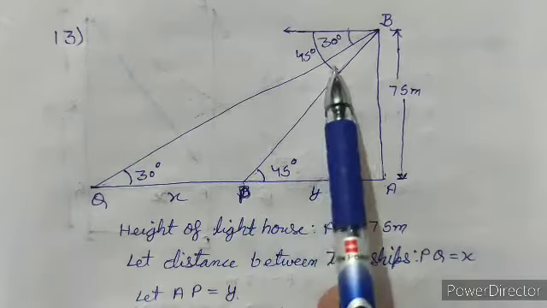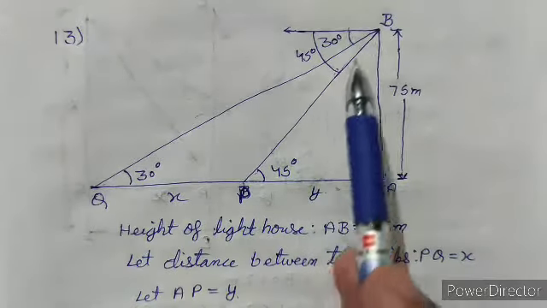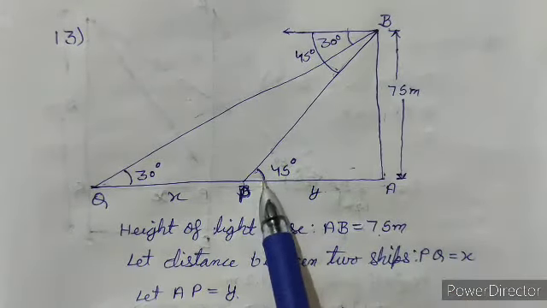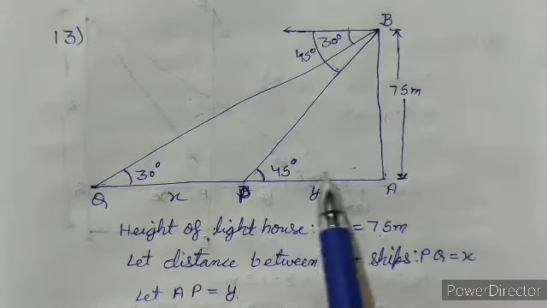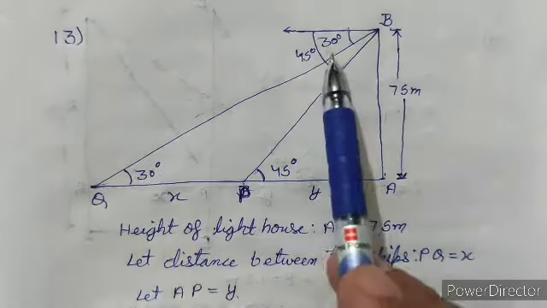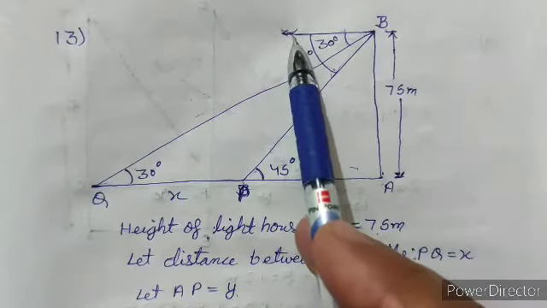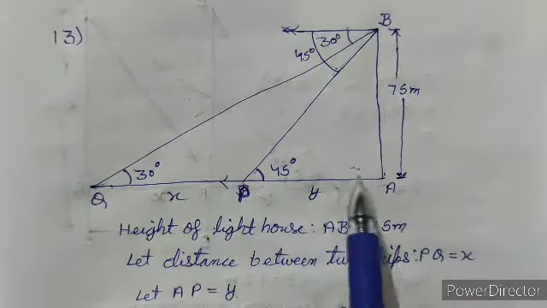So angle BPA will be 45 degree and BQA will be 30 degree, as this horizontal will be parallel to QA.